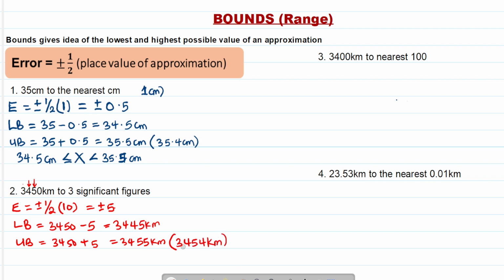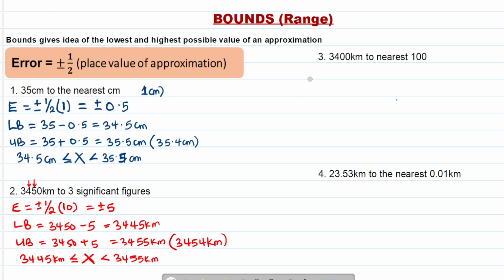So if we approximate this to 3 significant figures, we will end up having 3450. However, in presenting our answers, we present the bounds. So the lower bound is going to be 3445 kilometer, less than or equal to x, and x must be less than the upper bound, which is 3455 kilometer.